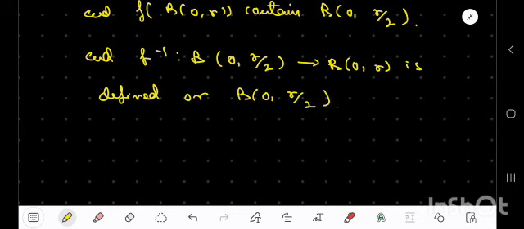Clear? So we have made up an inverse function.